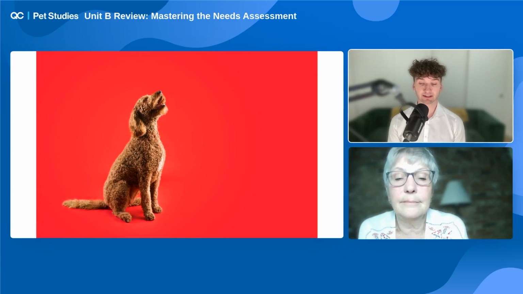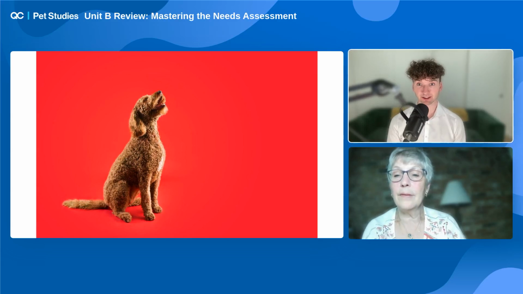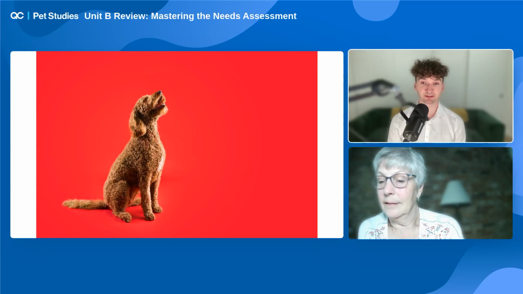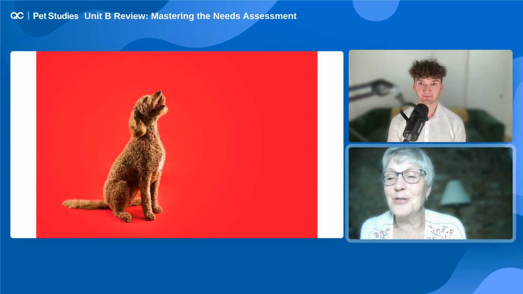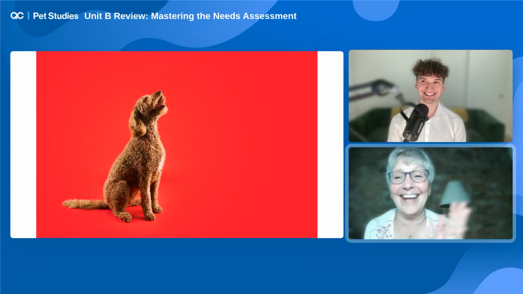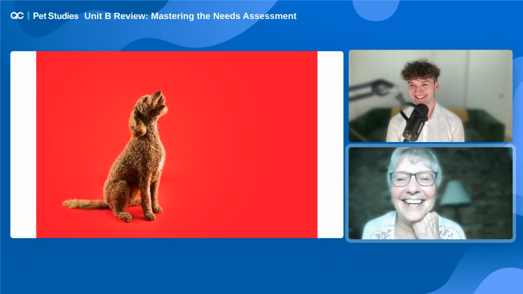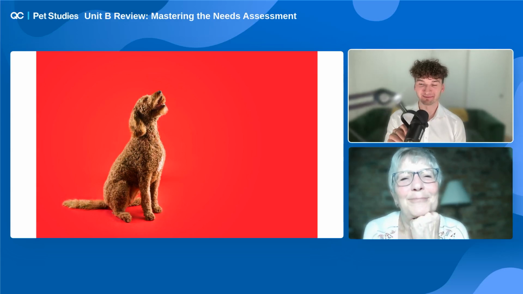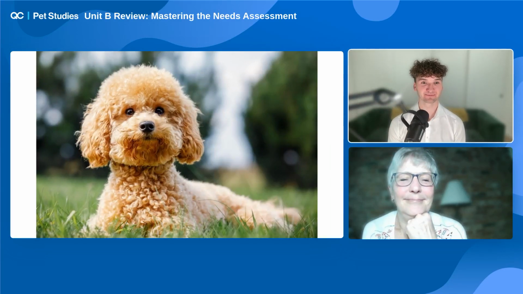The camera is incredible, but that doesn't matter if we don't get the right angle, if the dog isn't in the right position. It could be the best camera in the world and we still won't be able to assess it properly. So I love the fact that you guys are saying too short. It's like, yes, okay, if you're finding this too short, yay! Yay! Okay, amazing. Move on to the next one here.